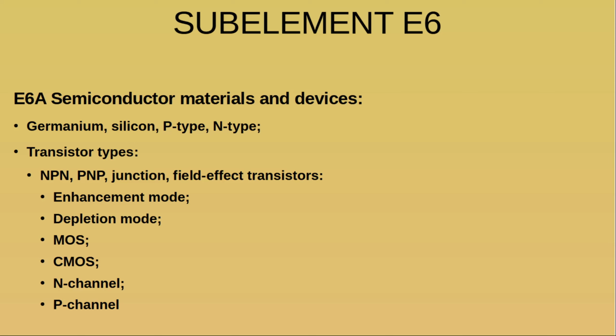So it's a voltage device to control the current between the drain and the source, where a bipolar transistor uses current on the base to control emitter to collector current. So field effect transistors have a high input resistance, where bipolar junction transistors have a lower input impedance. We have things called enhancement mode and depletion mode.